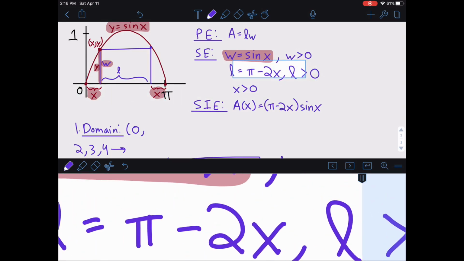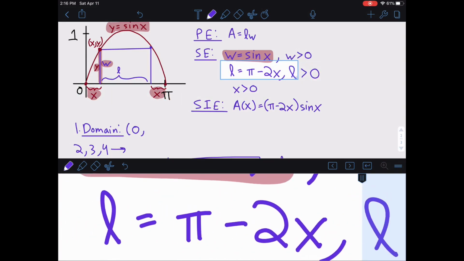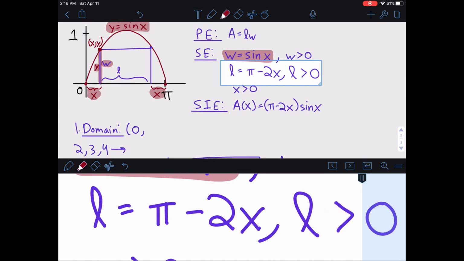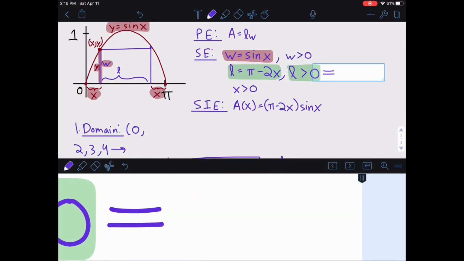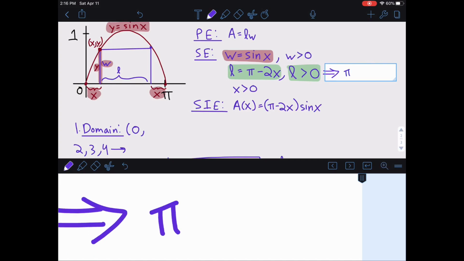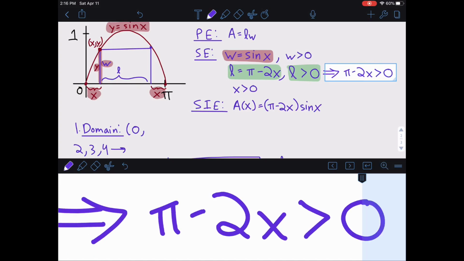Okay, but if we combine these two secondaries up here, just like we've done on some of the previous questions, if L is pi minus 2x, but L is also going to be greater than 0, that tells us some very important things here, right? So that means we can set up an inequality, right? Pi minus 2x has to be greater than 0.